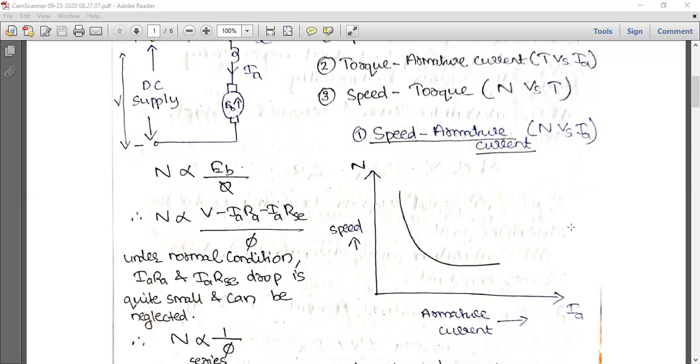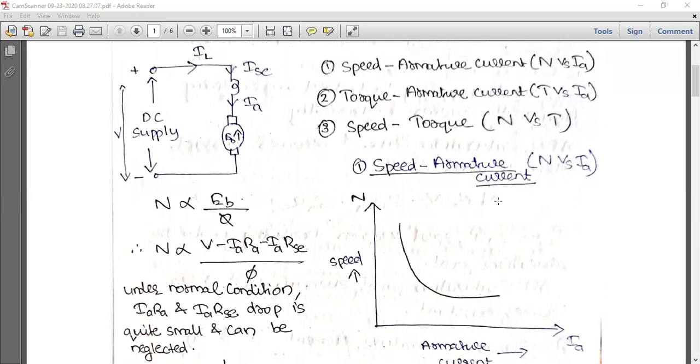Here also N is equal to EB by phi, but here we know that EB, the back EMF, will be V minus IARA minus IARC. This expression was made clear to you when we studied the types of DC motor. For the series motor, applying Kirchhoff's voltage law in this loop, you get V minus IARA minus ISCRC.